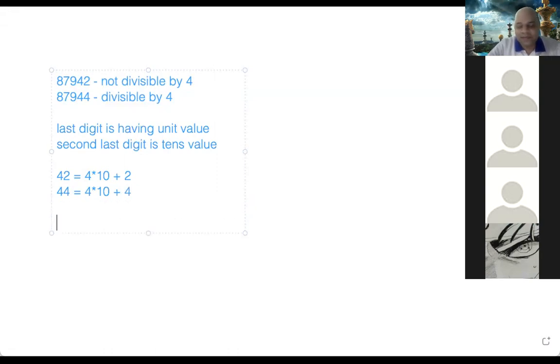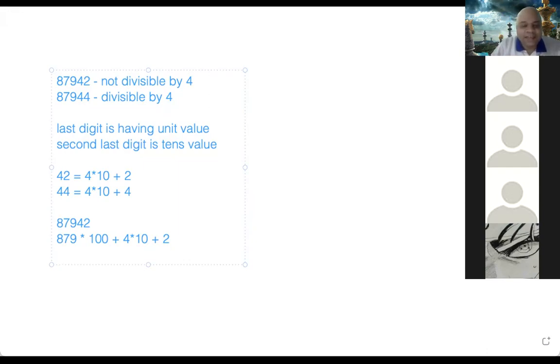Now, the same thing with 87942. You can even say that it is equal to 879 into 100 plus 4 into 10 plus 2. And 879 into 100 also will become 8 into 1 lakh plus 7 into 10,000 plus 9 into 1,000, and so on, but it doesn't matter.